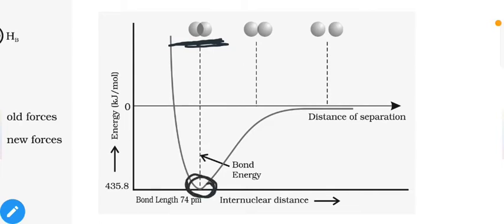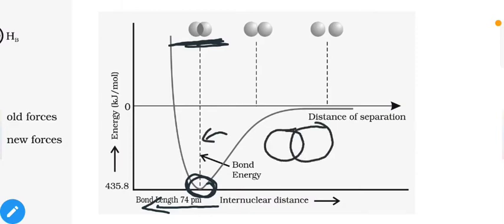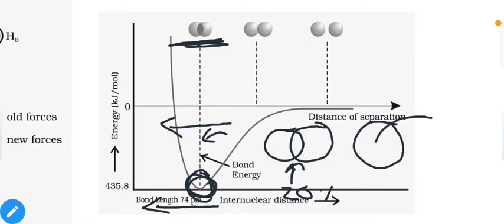But if you try to decrease the distance, as you move to the left side on the x-axis, we are actually squeezing two different atoms into each other. Suppose at this point the situation is something like this: one atom is, let us say, 20% mixed with the second atom. At that time energy is minimum, and as you move from right to left, we are squeezing them even closer to each other.